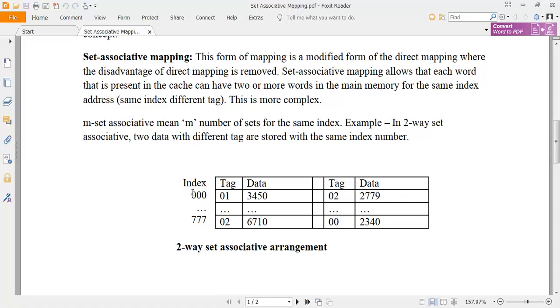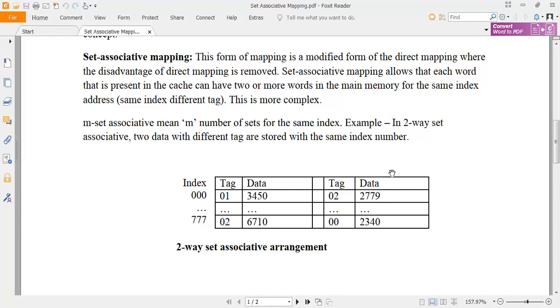See, the index is 000, but this index contains two data items. One data item is 3450 and the other is 2779, with tags 01 and 02. That means two addresses, like 01000 and 02000.